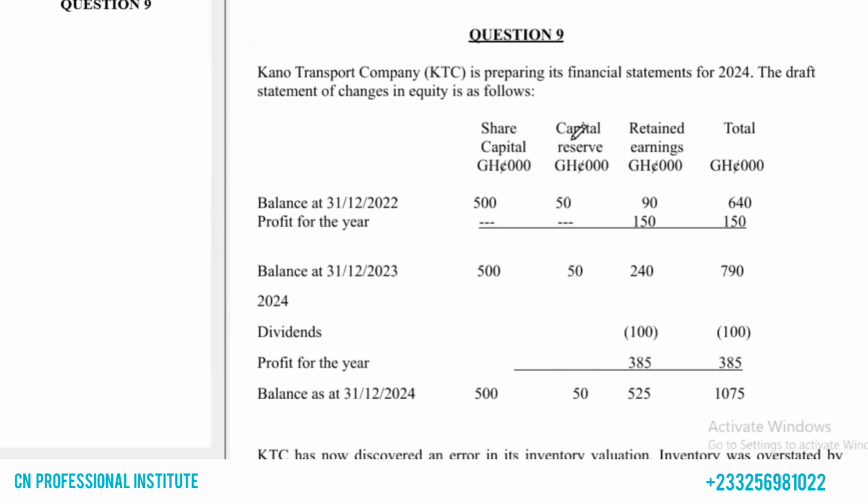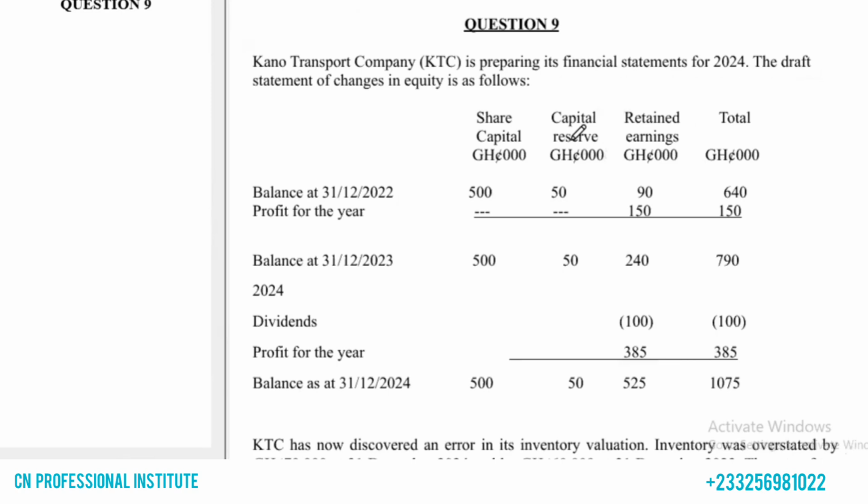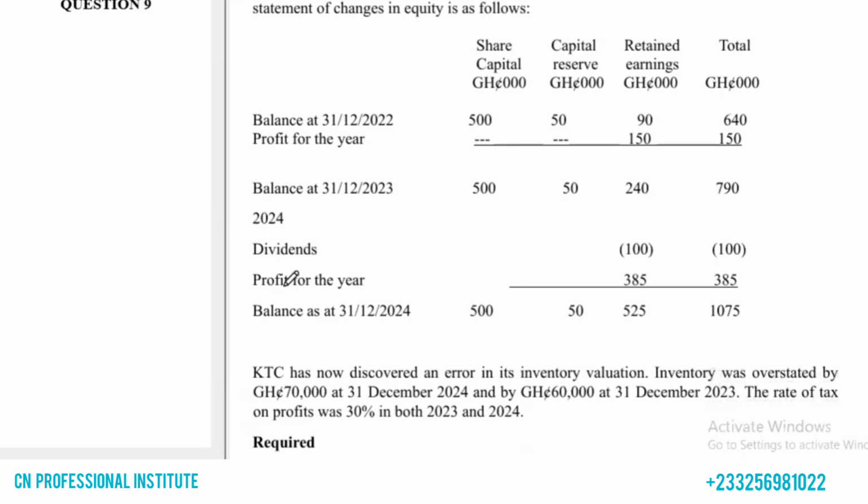Question 9 says Kano Transport Company is preparing its financial statement for 2024. The draft statement of changes in equity is as follows. So we have share capital, retained earnings, stated reserve, and then total. So we have balance as at 1st December 2022, balance at 1st December 2023, then we have 2024 dividend, profit for the year, and then the closing balance.